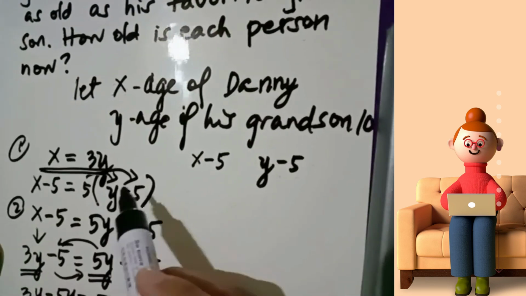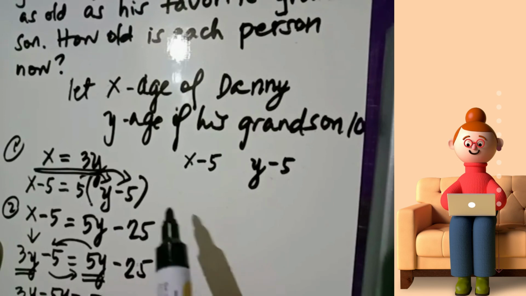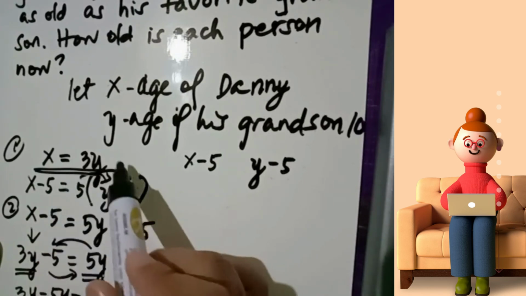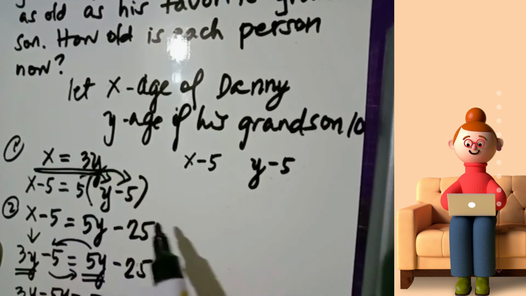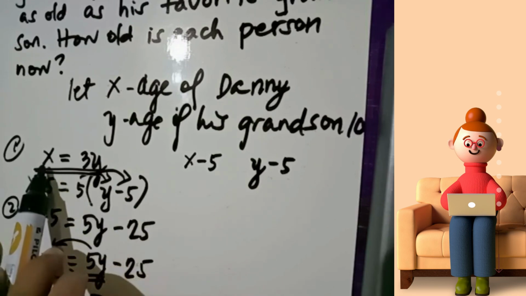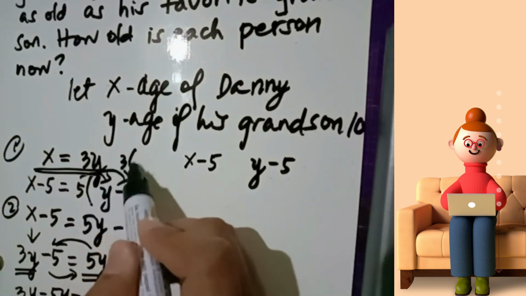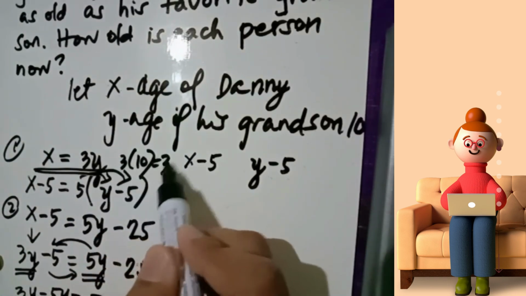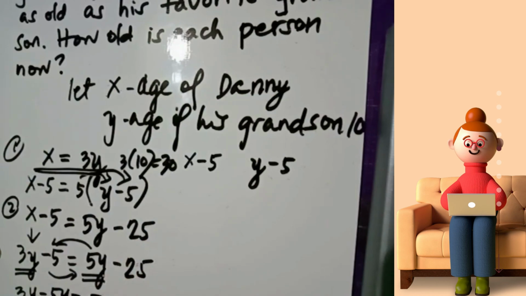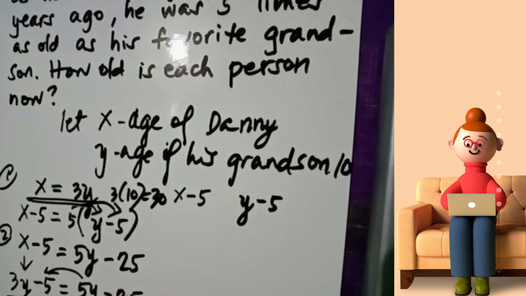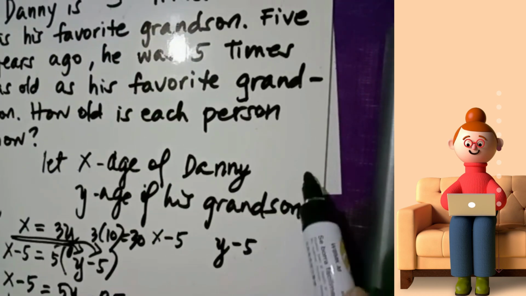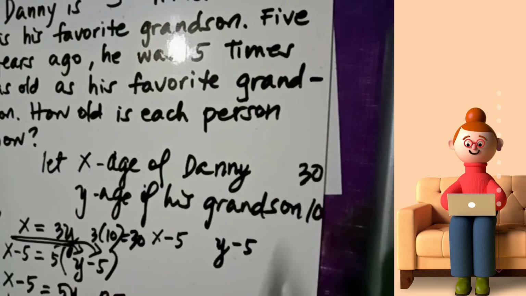Let's substitute it to the first equation. So, x is equal to 3y. The age of Danny is equal to 3 times y, which is 10. So, 3 times 10 is equal to 30. So, that is the age of Danny. The age of Danny is 30.